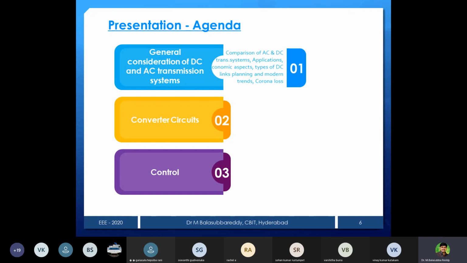A huge amount of power throughout the world, a lot of DC transmission systems, are established. I will show you some of the names or diagrams. But now, what is the drawback? With this introduction, what can you say are the drawbacks of DC transmission, anybody? Each one can speak out at least one drawback.